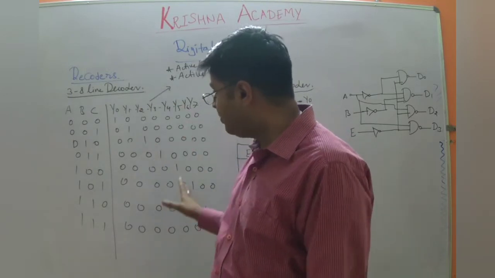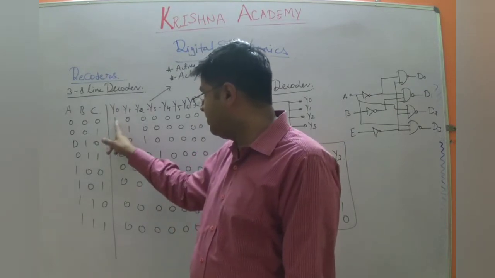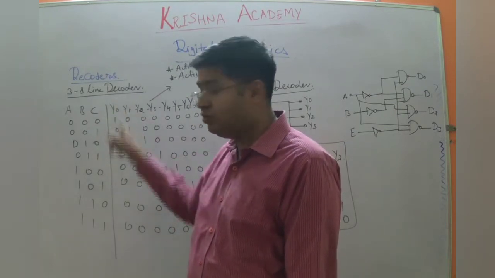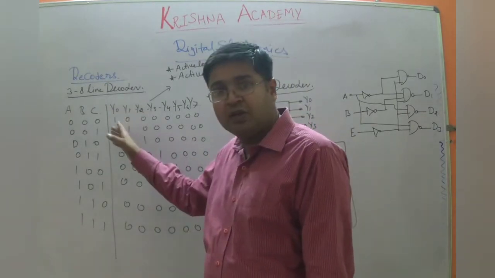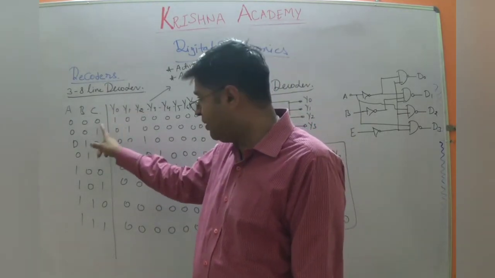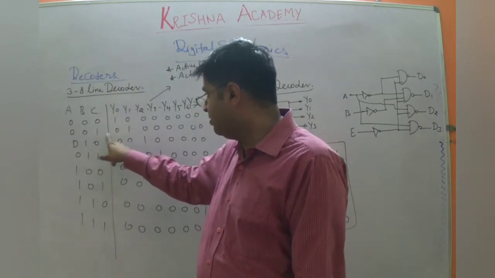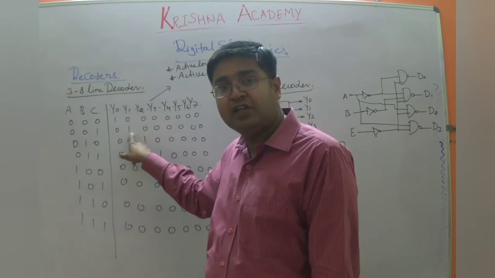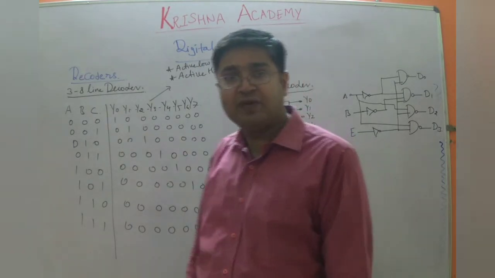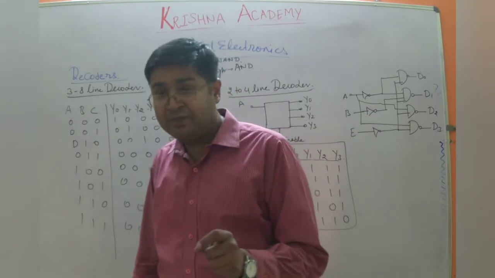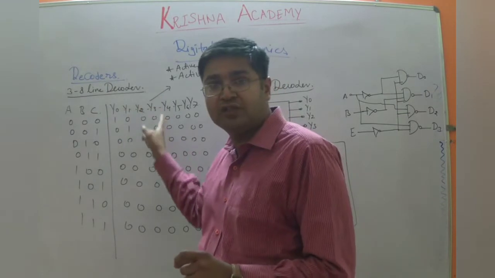In this circuit you can see when all the inputs are 0, the information will be transferred to the first line, that is wire 0, and whenever a particular bit is changed, like 001, the information will be transferred to the next line, and so on. Come again, this is the active high 3 to 8 line decoder circuit.